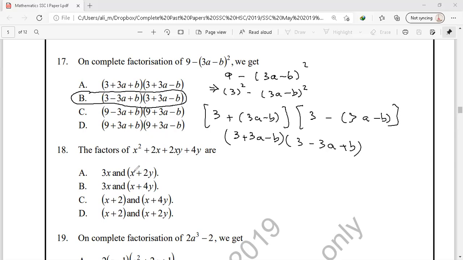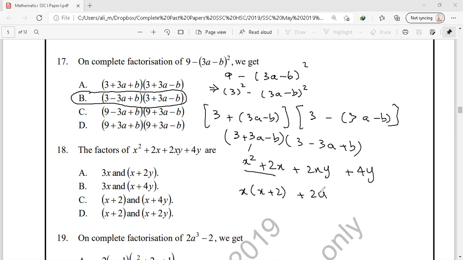Next, we have question number 18, and in this question, we have to again factorize this expression. In this expression, we have x square plus 2x plus xy plus 2y. So let's take common from the first two terms. We have x common in these first two terms, so we will get (x plus 2) remaining.